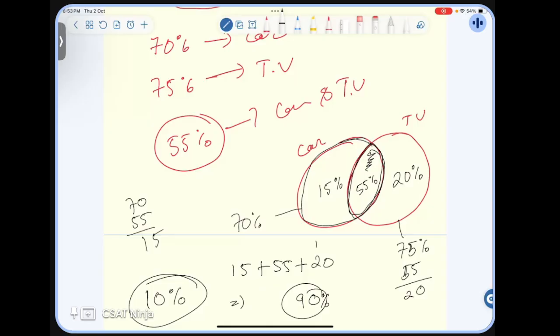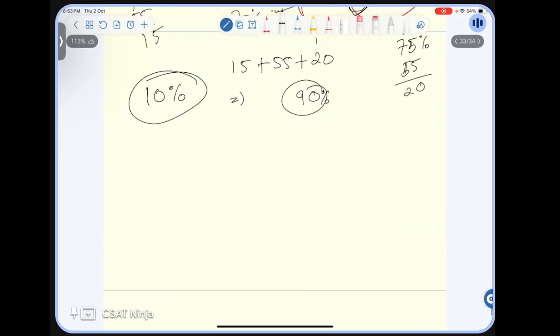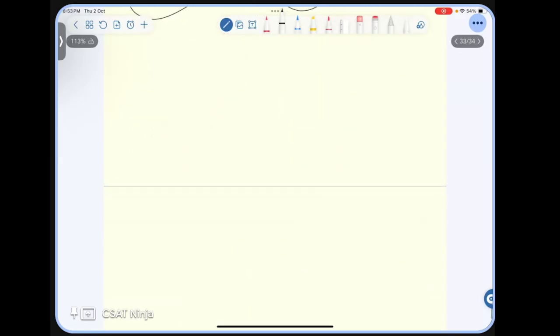Okay, there's one more question. 1/5 of 1/4 of 1/3 of the number is 6123. Whenever you solve this kind of question, I suggest you always follow the question.